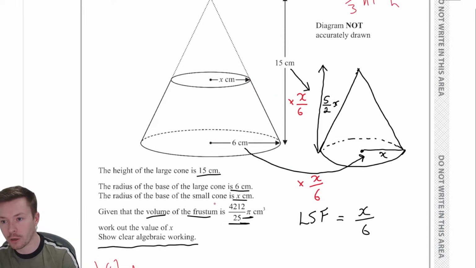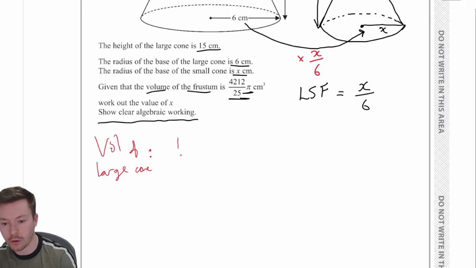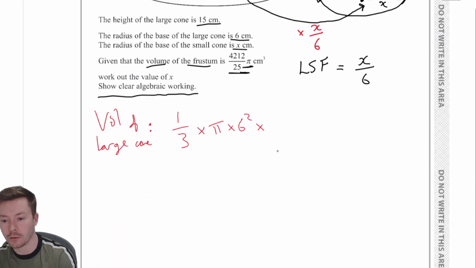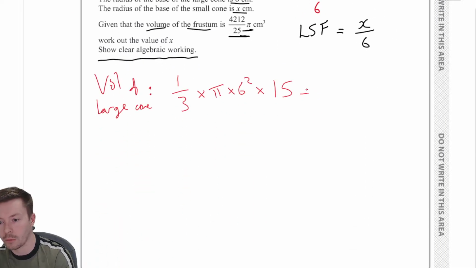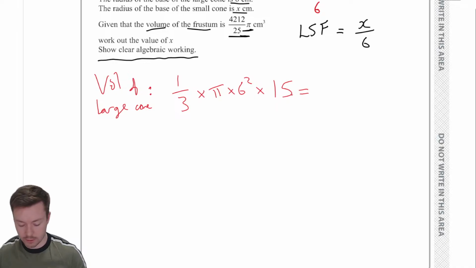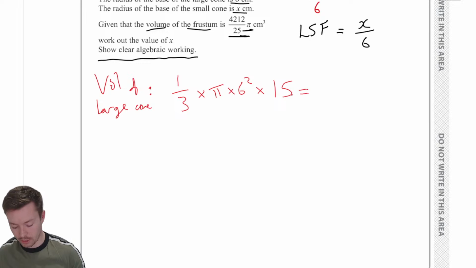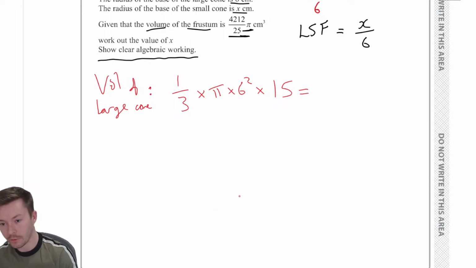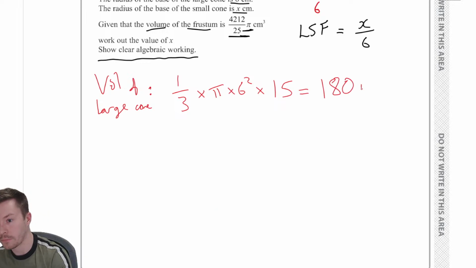Right, so the volume of the large cone is going to be a third, I'll have to scroll down, a third times pi times 6 squared times the height, which is 15. I'm going to put that into my calculator and get an answer. So 1/3 times pi times 6 squared times 15 is 180 pi.